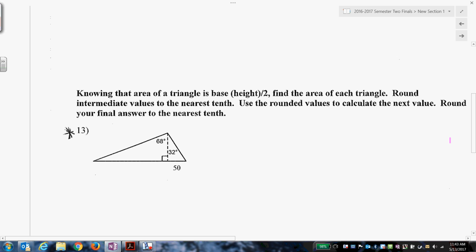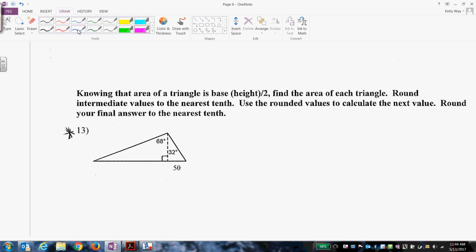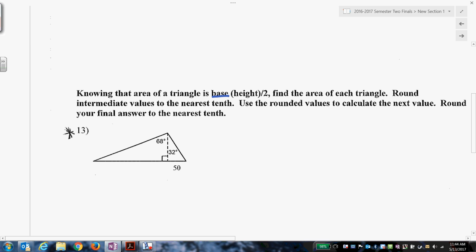It said, knowing that the area of a triangle is base times height over 2. Let's trace that out. Base would be this entire side times height, which always makes a right angle, over 2.